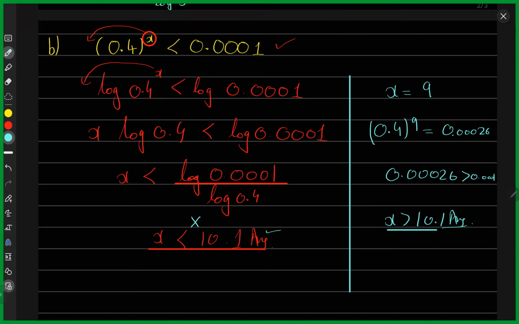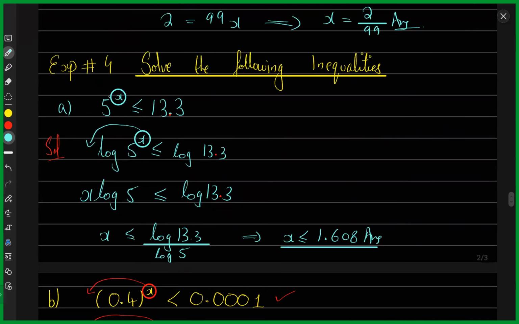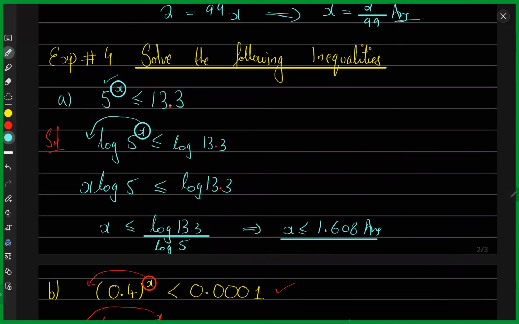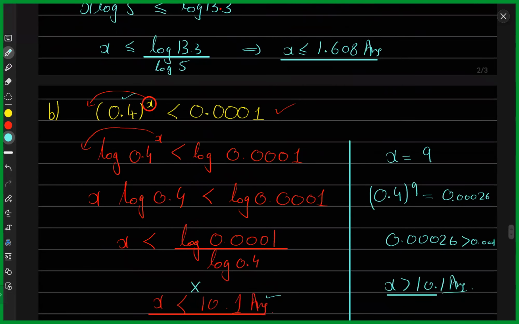All right, okay. So this is what it is, right? And if I explain the logic behind it, here we had 5, so it was monotonically increasing, since 5 is greater than 1. Here we have 0.4 and it is monotonically decreasing because 0.4 is less than 1. So that's why it's the other way around. We just change the sign.